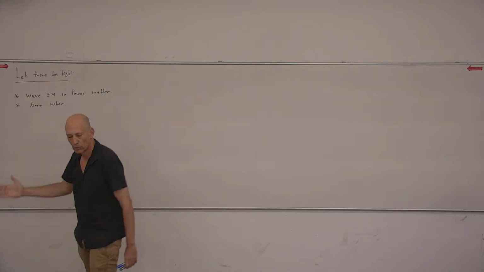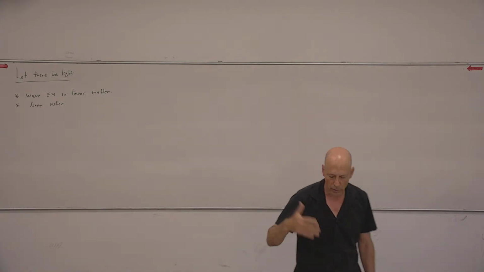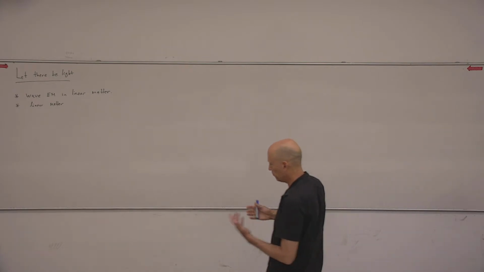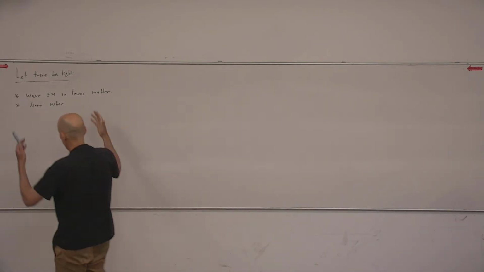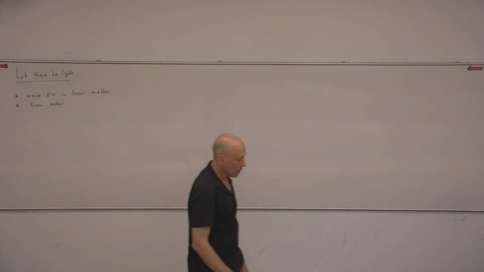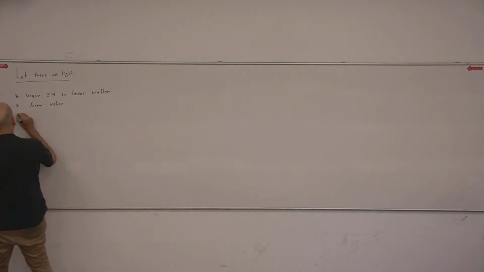So if you don't like to think about matter, in some part of what I'm doing on the board, you can easily imagine a vacuum, if you prefer vacuum for some reason. So we also want to consider an isotropic medium. Isotropic.